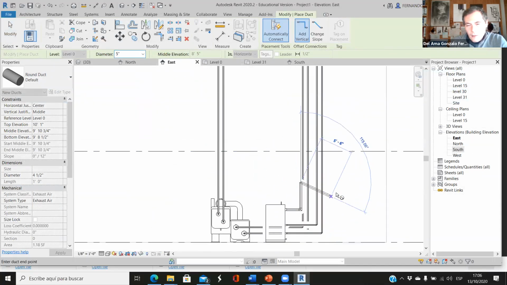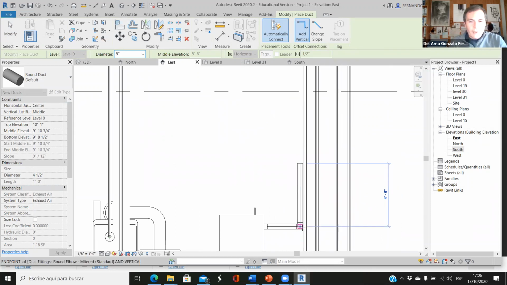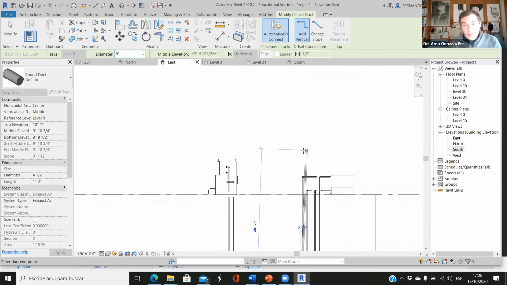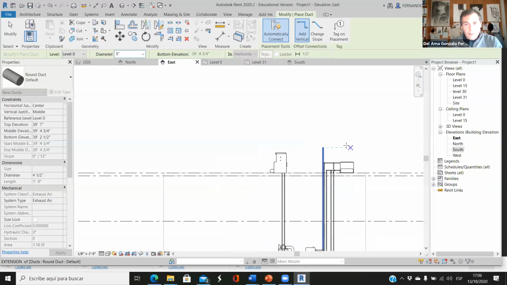Okay, now it works. Sometimes, if you don't have the right family loaded, you have to select another family to make the elbow. So if we need to get rid of the smoke, we need this duct.